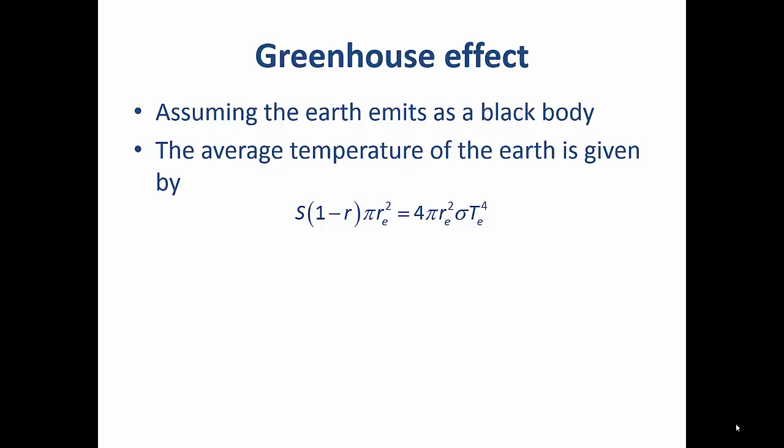So if I now assume that the Earth emits as a black body, we can work out the average temperature of the Earth by considering that this is the total radiation received per unit area from the Sun, times 1 minus the reflectivity, so this R is the reflectivity, times the effective surface area that is receiving this radiation, which is pi Re squared, and then that must be balanced if the system is in thermal equilibrium by the emitted amount, which will be given by the total surface area of the Earth, because it is a sphere, times the Stefan-Boltzmann constant times the temperature of the Earth to the power of 4, i.e. we're treating it as a black body, as I've already said.